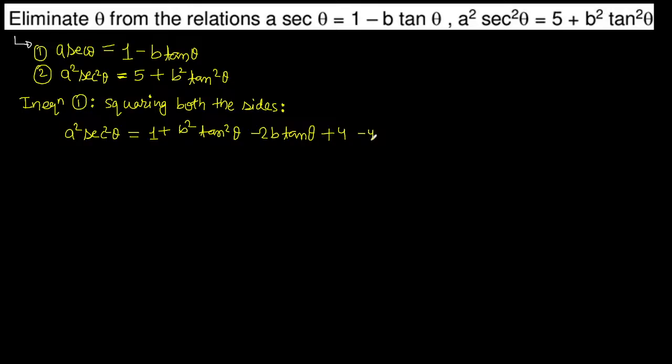So from the equation, if we add 4 and subtract 4, can we say that a square sec square theta, 5 plus b square tan square theta minus 4, minus 2b tan theta, this value is equal to 0?